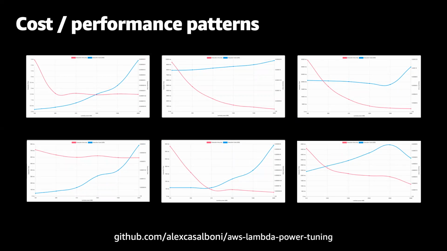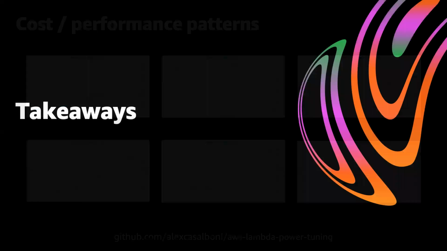I think this will also help you understand which functions are worth optimizing while you are coding, while you are developing and designing your function. So now if you keep these 4, 5, or 6 patterns in mind, it's more intuitive to know what to expect when you run the power tuning in your account.